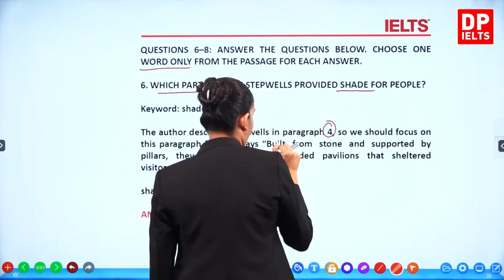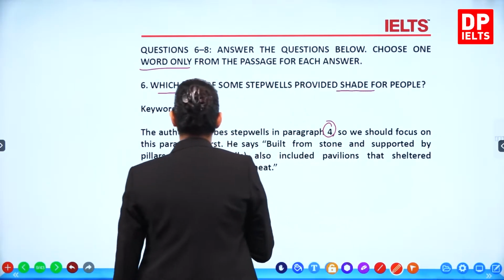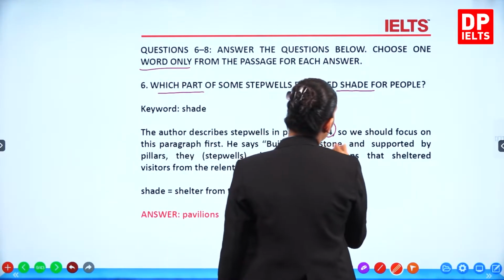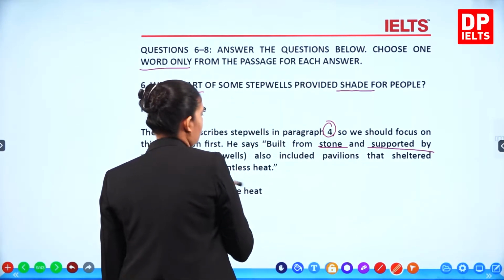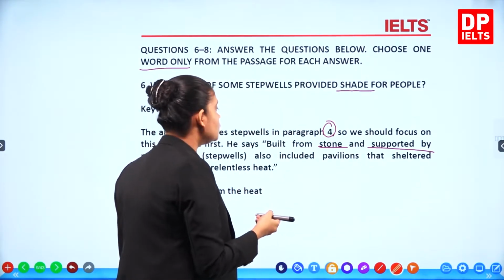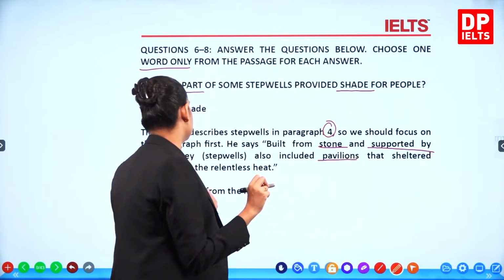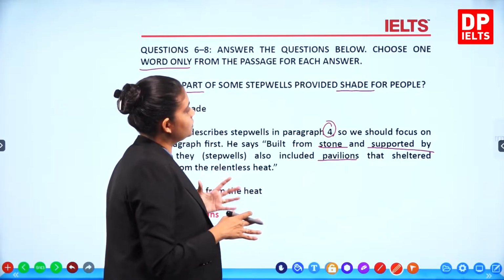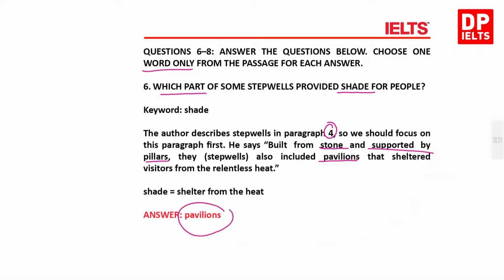But if you go into para 4 more closely, built from stone and supported by pillars, the step wells also included pavilions that sheltered the visitors from relentless heat. So what was provided for shade? The pavilions. So the S is compulsory.